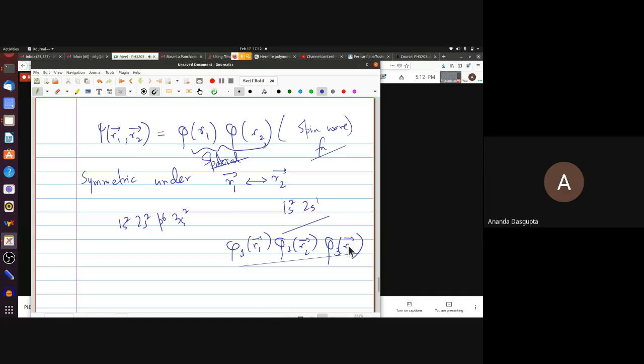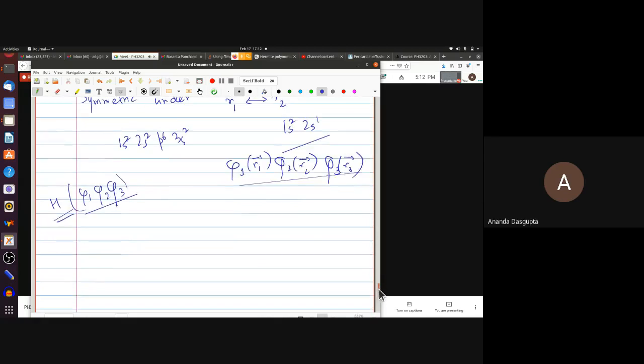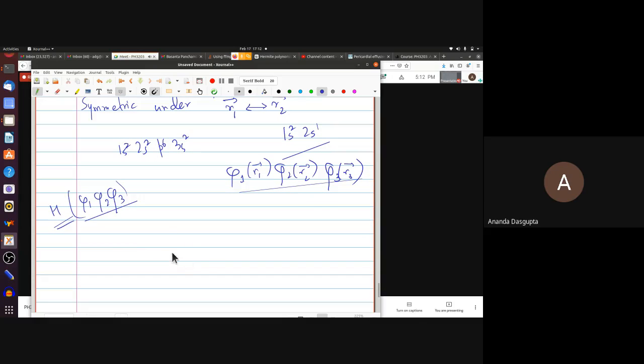But you must realize one thing. Is it possible for phi 1, phi 2, phi 3 to be an eigenfunction of H? Or, let's come back to our helium problem. We actually use phi 1, phi 2, where phi 1 and phi 2 were the same function, but with R1, R2 as your arguments.